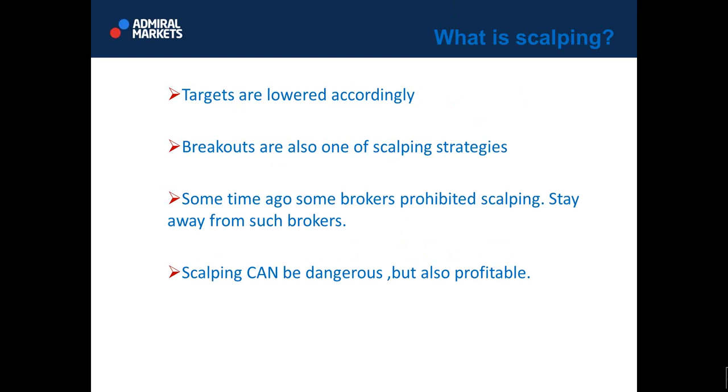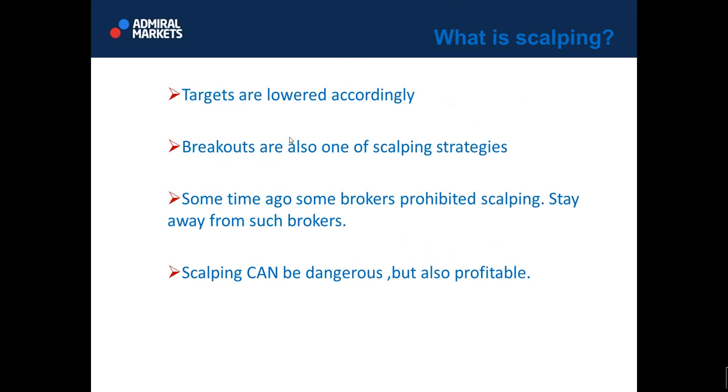There is a little trick that can basically turn a scalping position which made, let's say, 10 pips into a scalp swing which possibly can make, let's say, 20 pips. So targets are lowered in scalping.